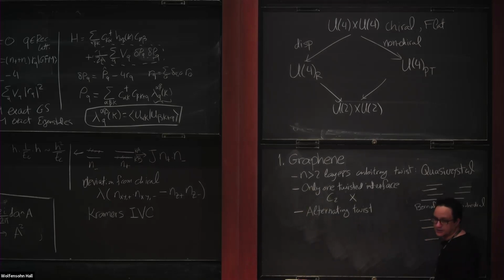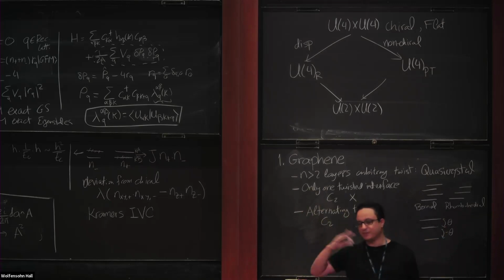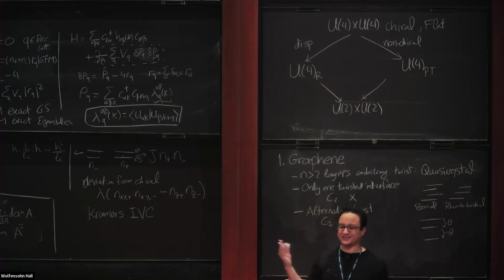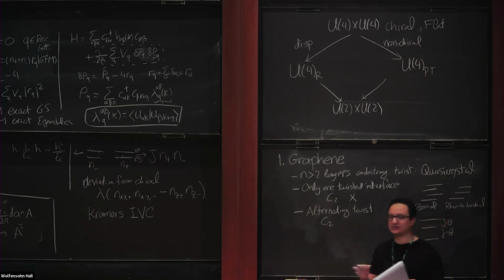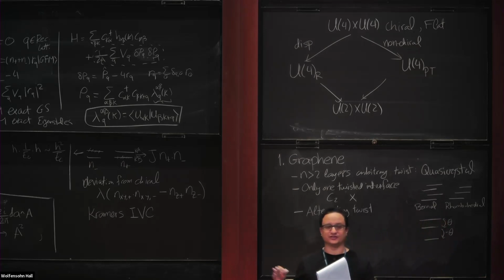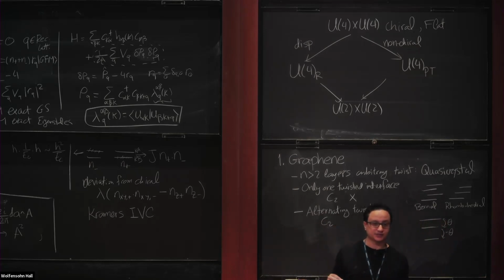So theta, minus theta, theta, minus theta. Now this turns out to be a very symmetric configuration. So it has all the symmetries of twisted bilayer graphene, particularly C2. And more than that, its non-interacting physics can be mapped to twisted bilayer graphene, but at a different twist angle. So it basically allows you to study many versions of twisted bilayer graphene with slightly different energy scales and slightly different relaxation physics.